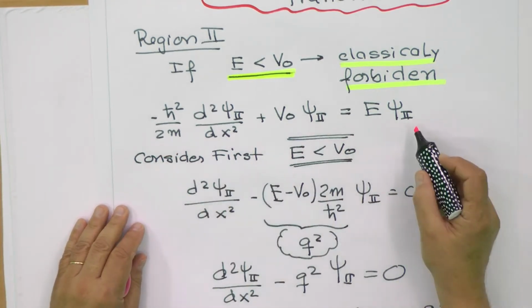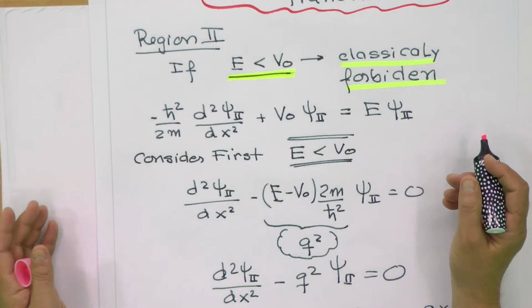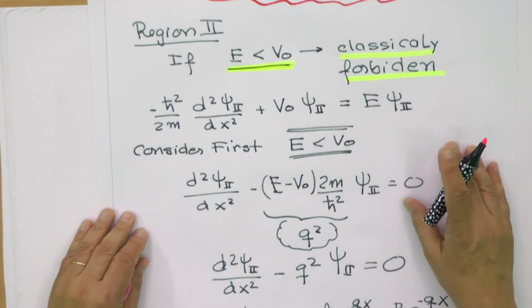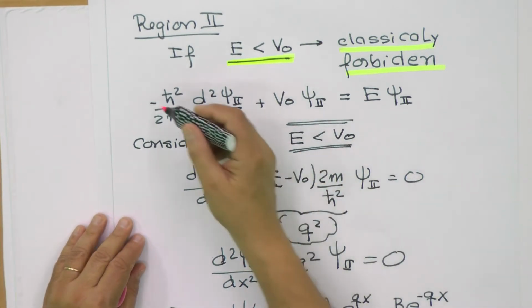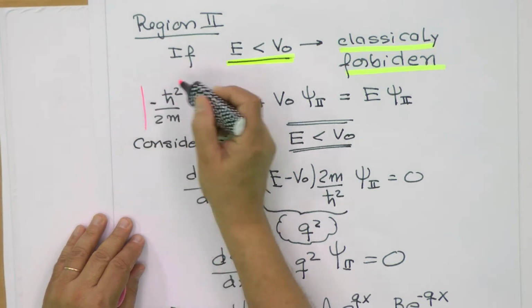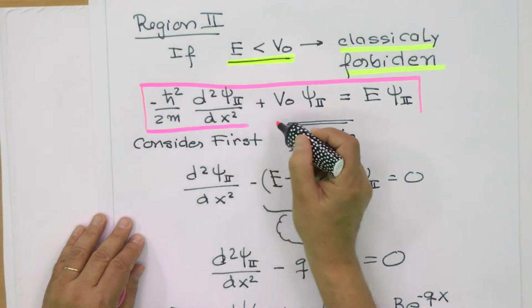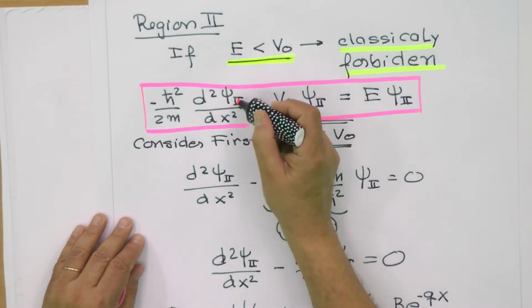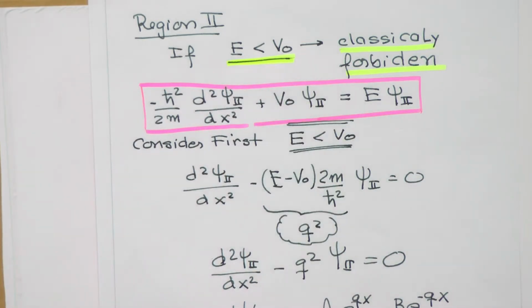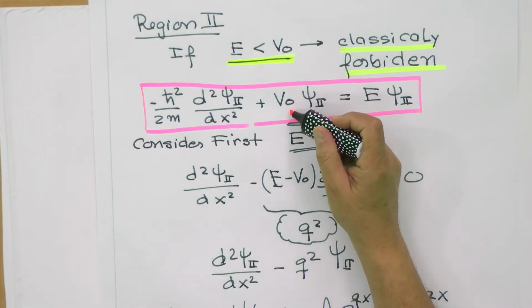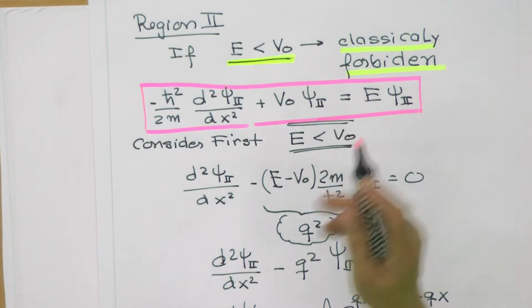We're going to write the equation as always, because the equation must give us the solution for this physical situation. The equation is minus h bar squared divided by 2m times the second derivative of the wave function in the second region, plus the potential times the wave function, equal to the energy times the wave function.